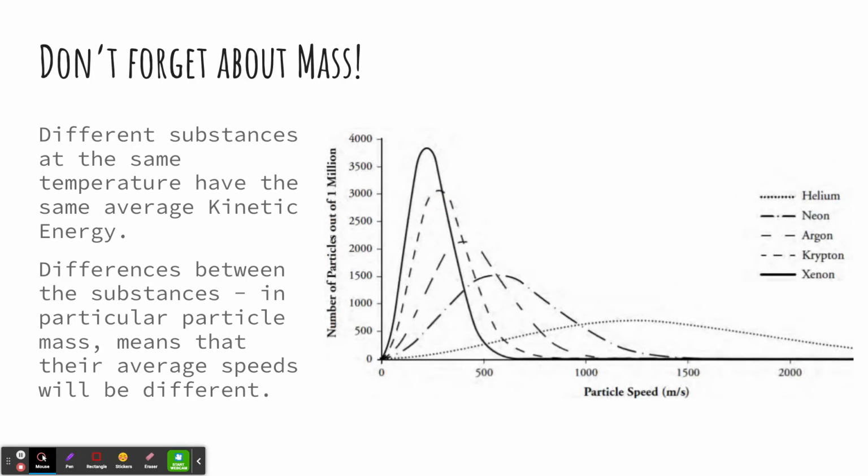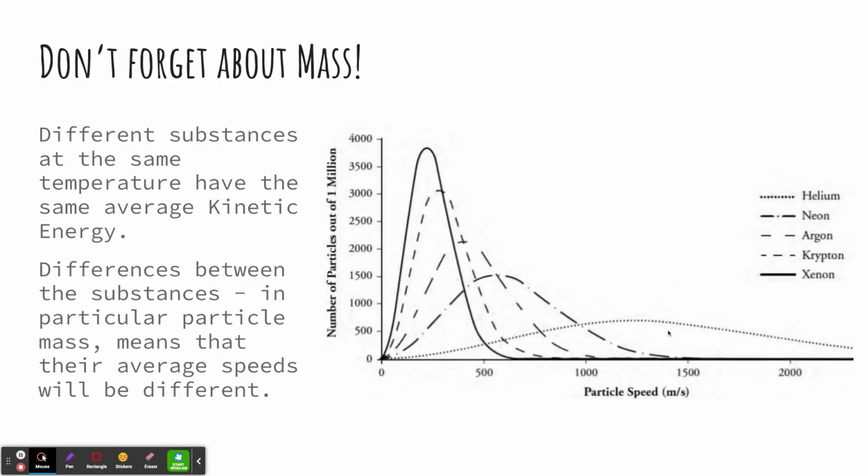Now, guys, we can also look at the Boltzmann distribution curves and compare gases of different mass. So now these gases are all being held at the same temperature. That means they all have the same kinetic energy, but their speeds are different because speed is directly related to mass.